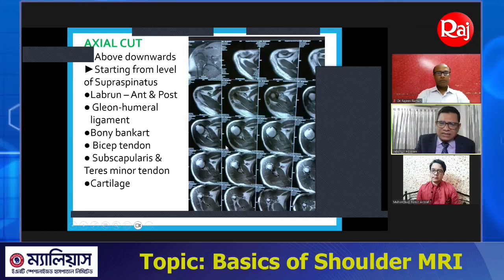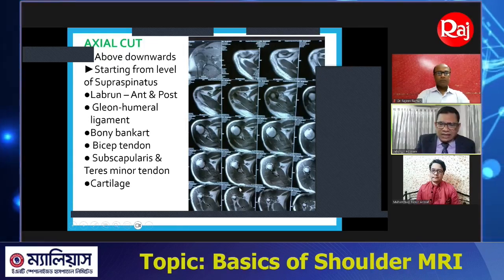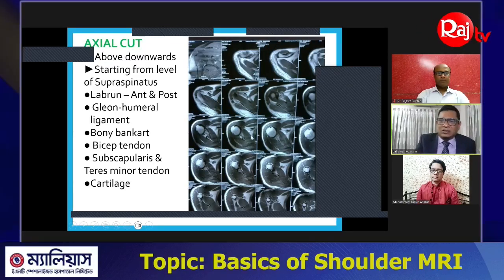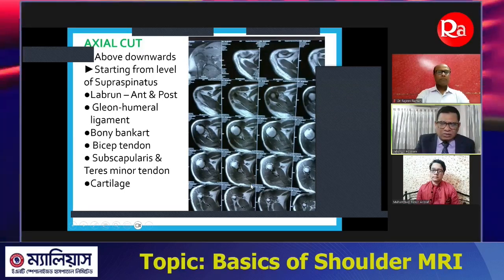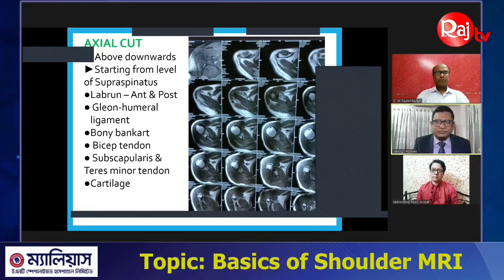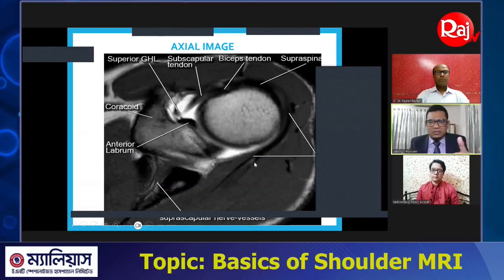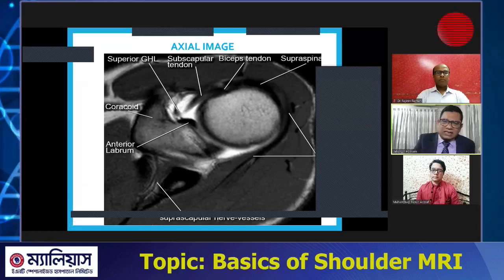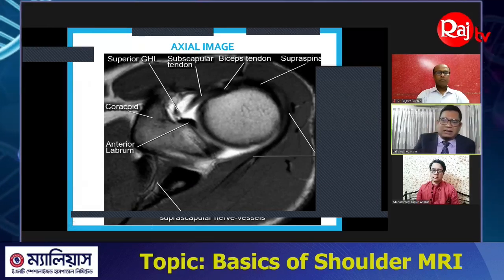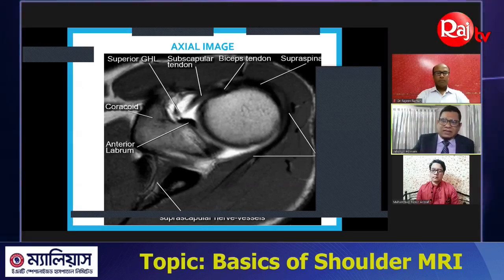And subscapularis tear and teres minor tendon and cartilage, all things we can see from this axial cut when it is cutting sequentially from above to down. And this is an individual cut of it. I think it is a bit above the level of the cut section.